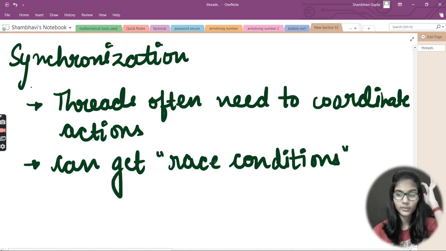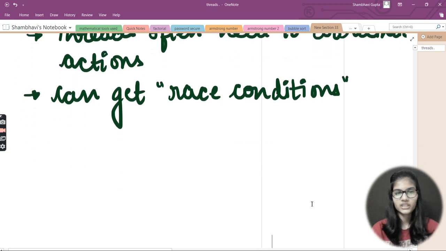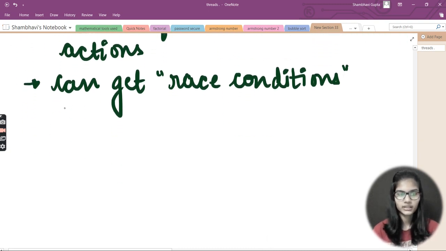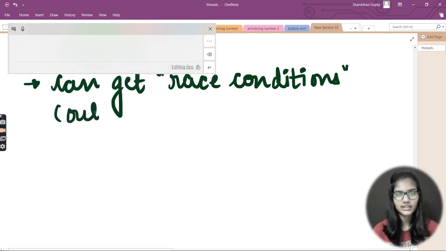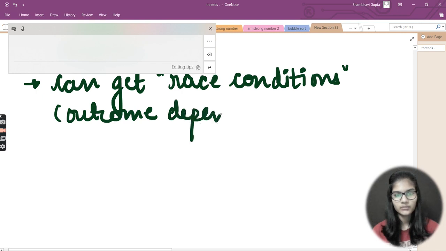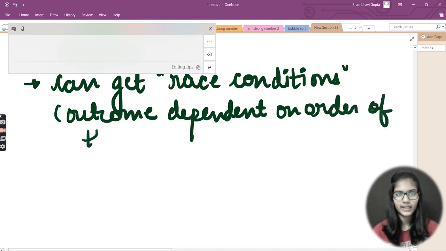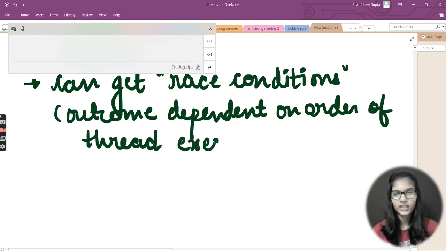Let me put a bracket here and write that out: outcome dependent on order of thread execution. So it means that we can get race conditions as well, right?